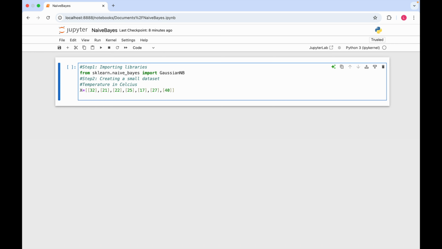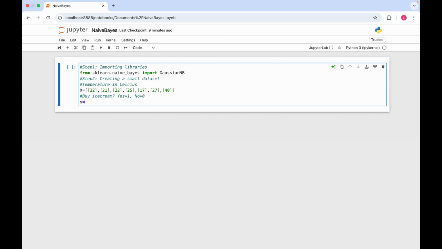Now let me give y as whether to buy ice cream or not. If it is yes then it equals 1, if it is no it equals 0.